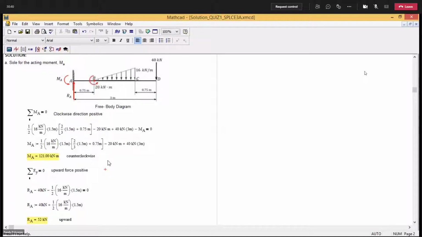It is constant. And then at point C, you have this uniform load.